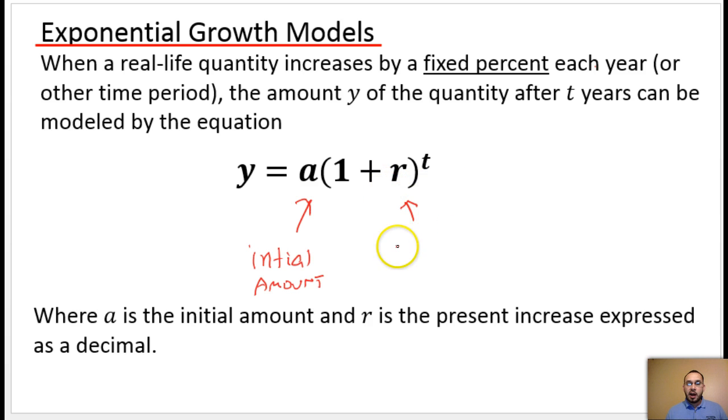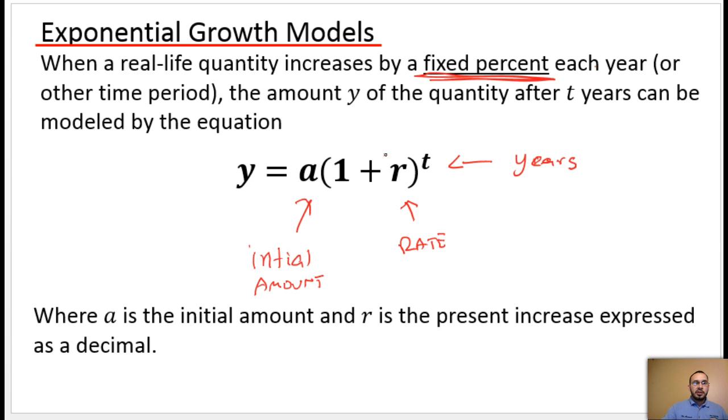R is always going to be our rate in decimal, so make sure to write it in decimal. And t is our time, in years. So this is whenever we have a real life quantity that is increased by a fixed percent. Notice fixed percent is underlined because it's not a variable, it is fixed. They're going to tell us what our percent is.